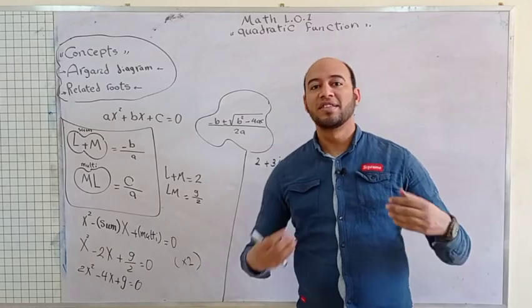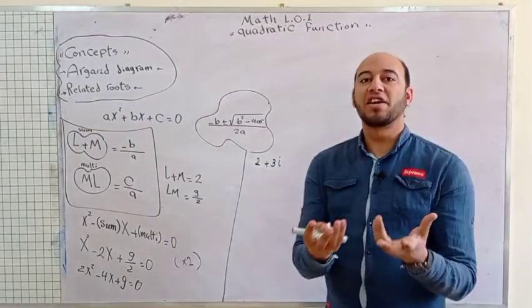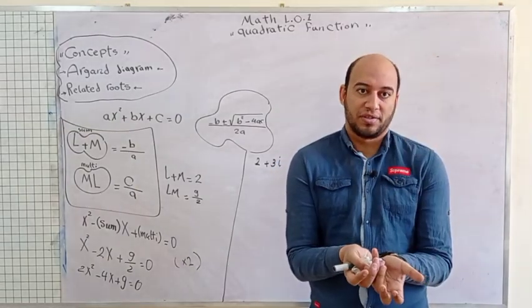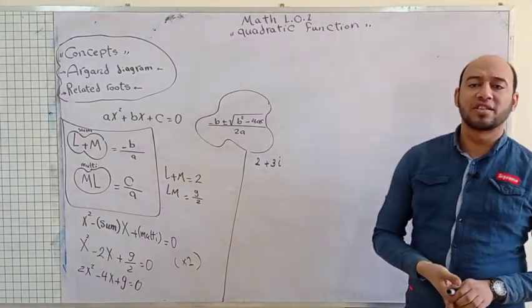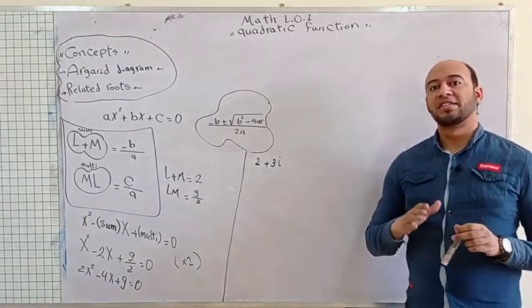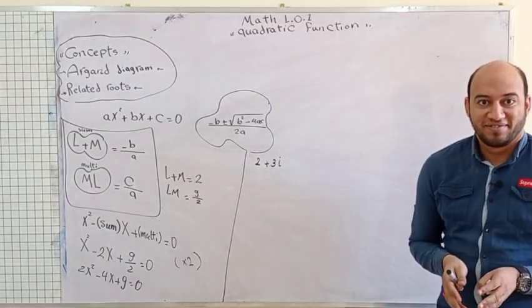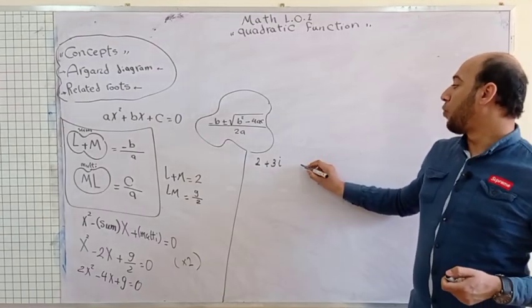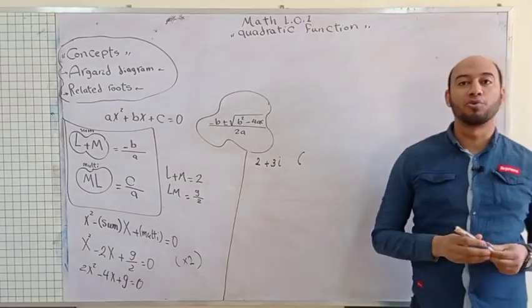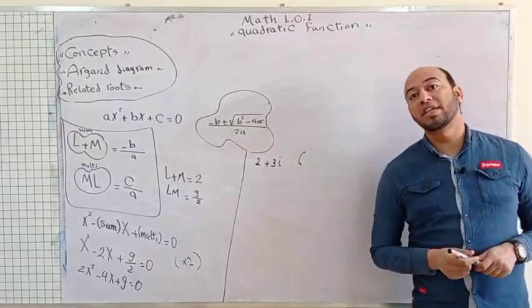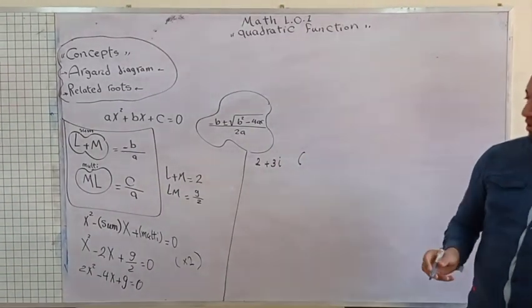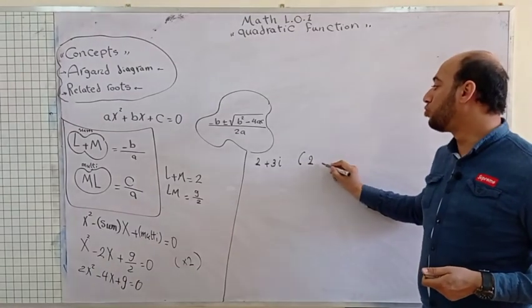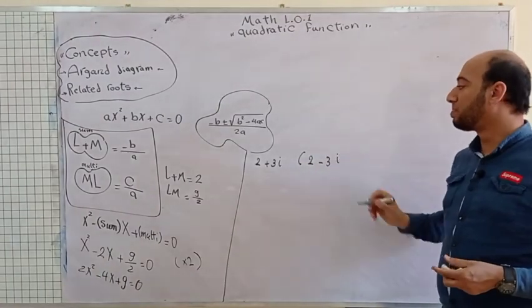Now, tell me the equation. Because the coefficients are real numbers, the two roots are conjugates. Then the other root is the conjugate of the first root, which is 2 minus 3i.